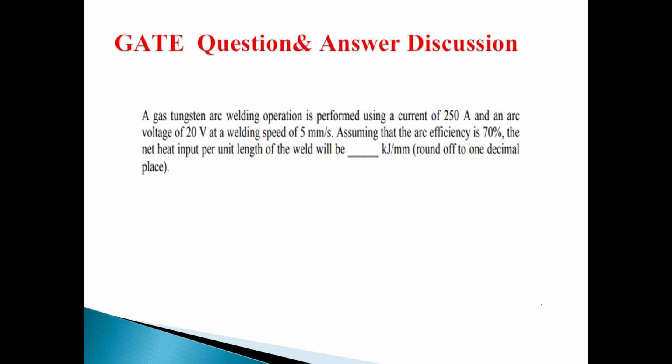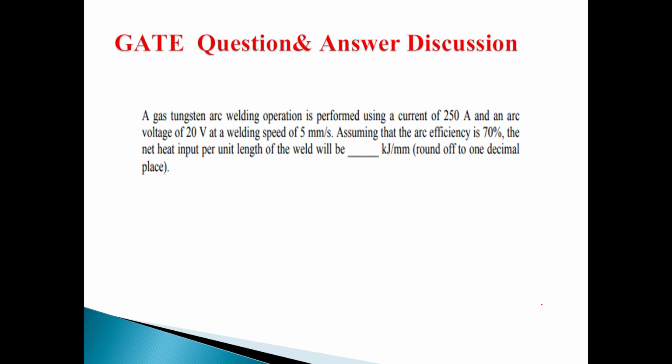Next one is: a gas tungsten arc welding operation is performed using a current of 250 amps and an arc voltage of 20 volts at a welding speed of 5 mm per second. Assume that the arc efficiency is 70%. The net heat input per unit length of weld will be dash in terms of kilojoule.